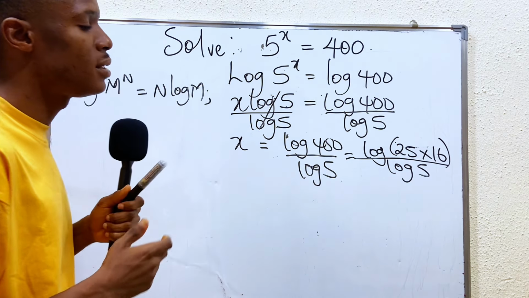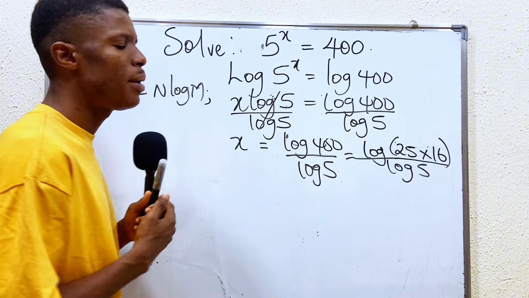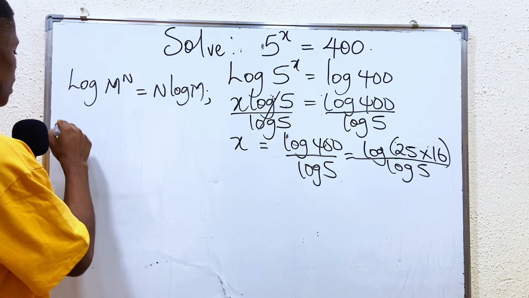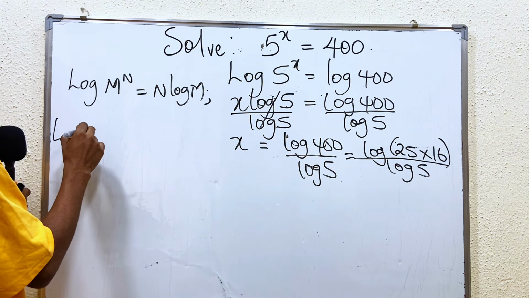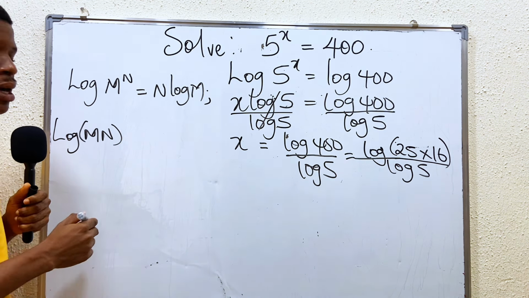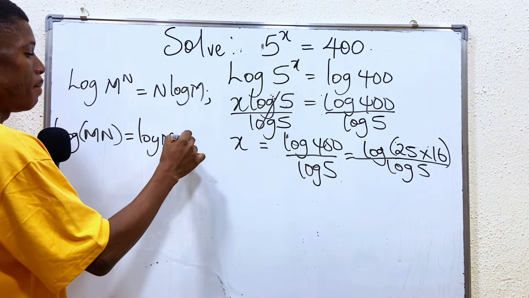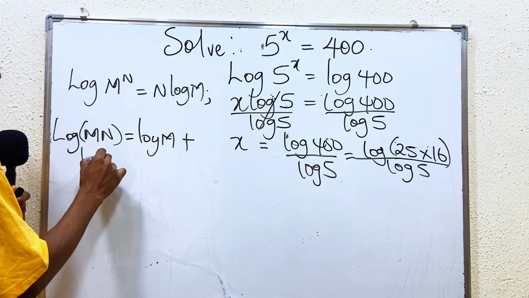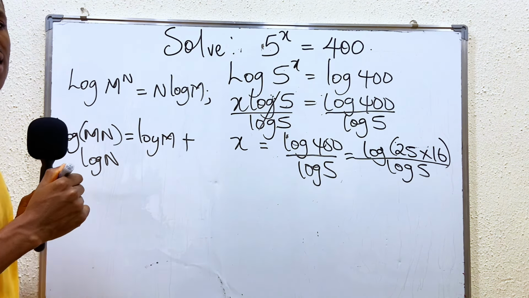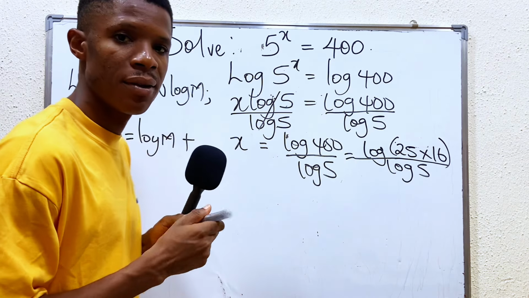The reason why we do that is we just need to simplify the log. Remember one of the laws of logarithm, which says that whenever you are multiplying numbers in the same logarithm, let's say m times n, that is the same thing as the logarithm of m plus the logarithm of n. If this rule is right, we are going to apply it here to simplify.